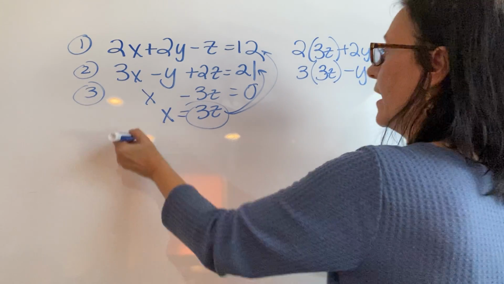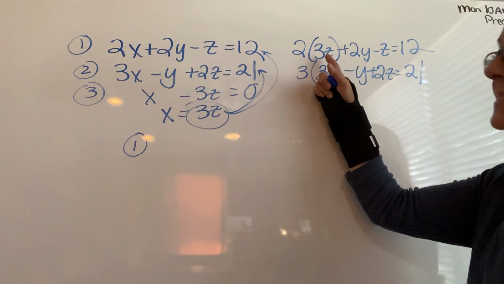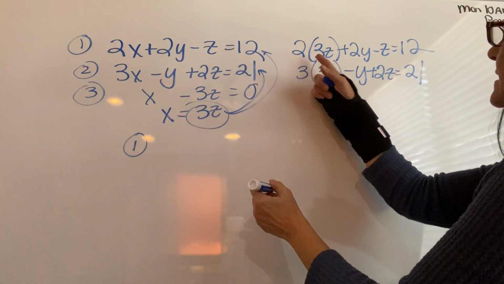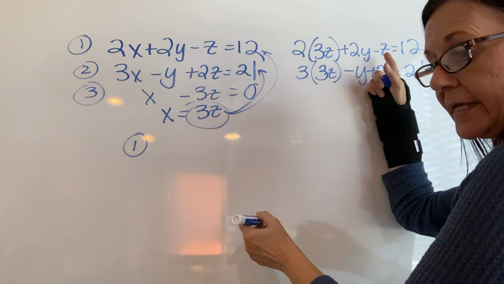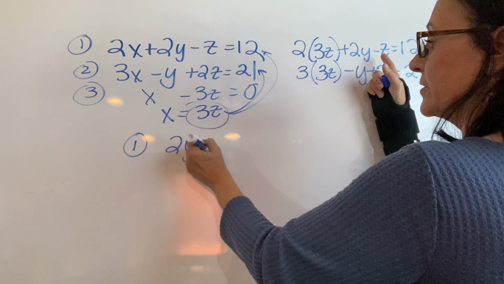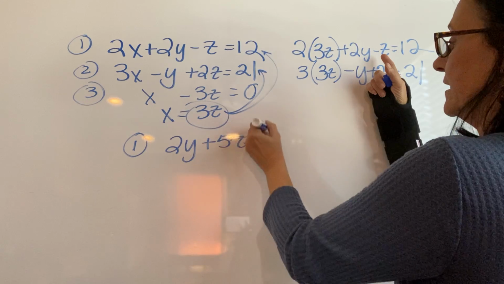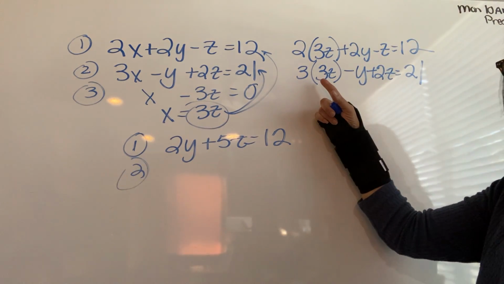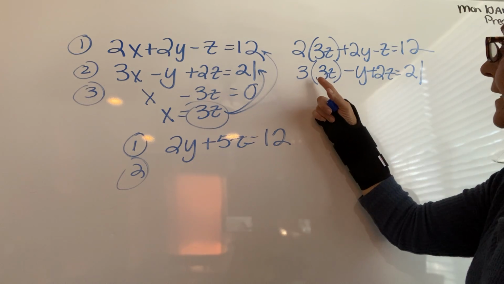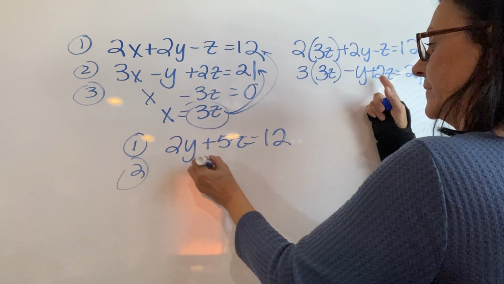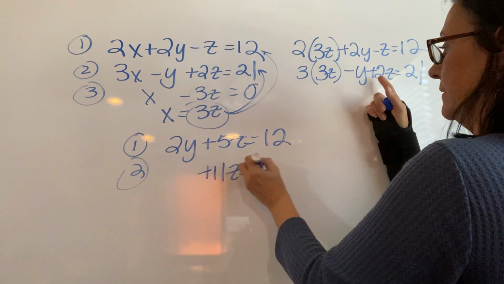I'm going to simplify the first equation. That's 6z, 6z minus 1z is 5z. I'm going to write the 2y first. Plus 5z is 12. In equation 2, that's 9z, 9z plus 2z is 11z.